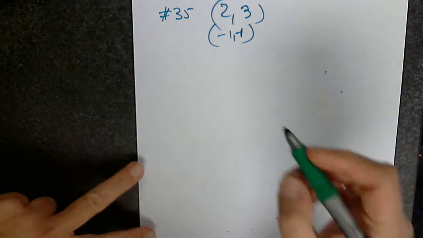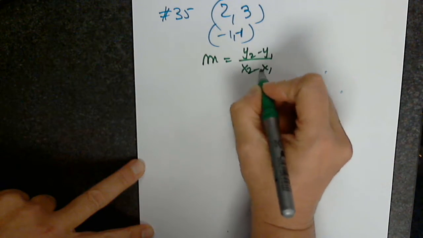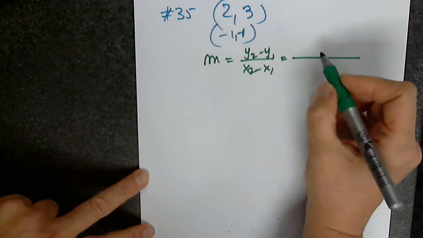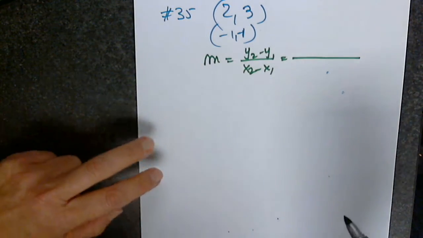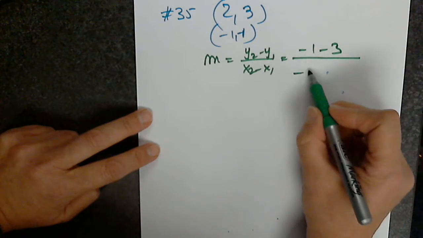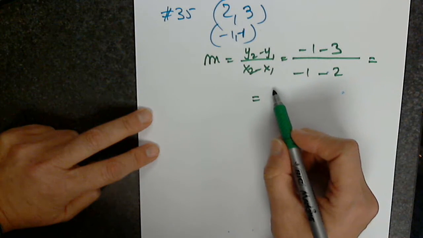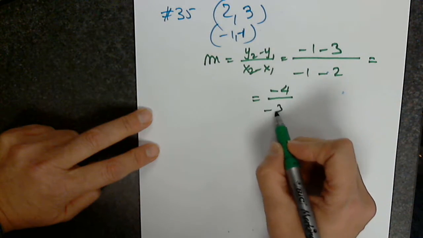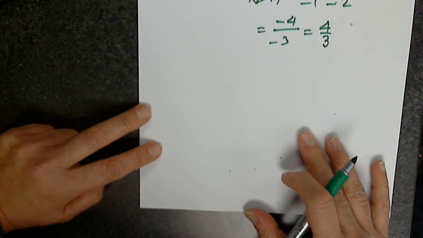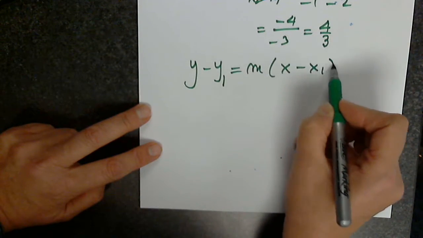Ready? Okay, I'm ready. Slope, y2 minus y1 over x2 minus x1. Top, -1 minus 3, the denominator. Top, -4. Bottom. Slope. Very good. Excellent. Now, y minus y1 equals the slope times x minus x1.